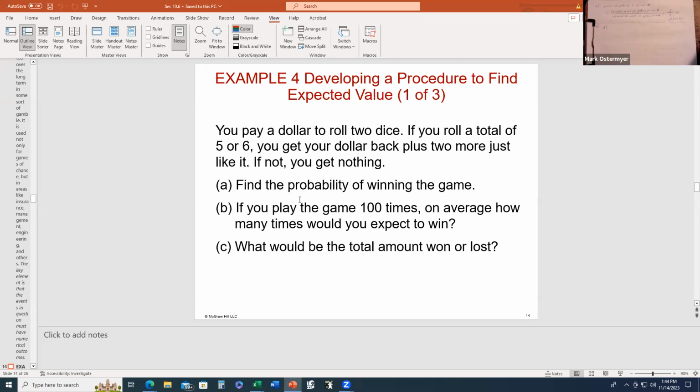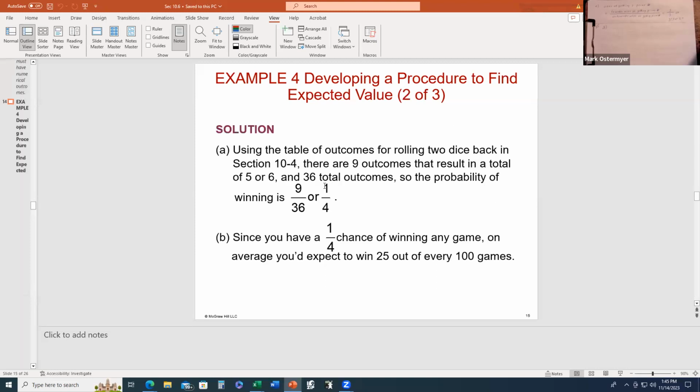Well, we're rolling 2 dice, and how many ways can you roll the sum of a 5 or a 6? Now, we've seen this in our textbook way back, where they had a table laid out, and there's 36 different outcomes that could occur, 36 different sums that could occur when you roll 2 dice, okay? And of the 36 different sums, how many sums yield a total of 5 or a 6?